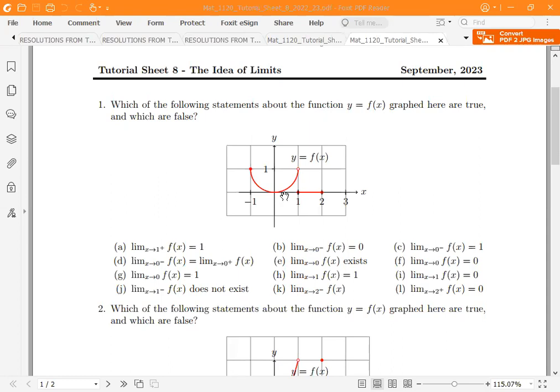So if you look at option A, option A is saying: is the limit as x approaches 1 from right, that plus means from right, of f of x equal to 1? As x approaches 1 from right, is the limit of the function equal to 1? So now we go to the function and look for the graph that is there.